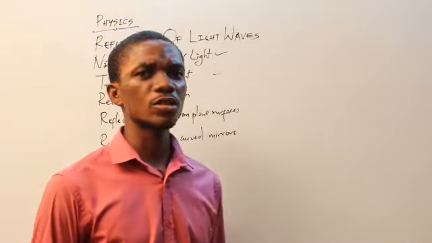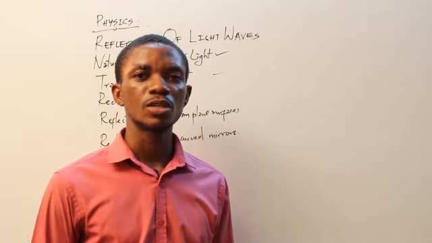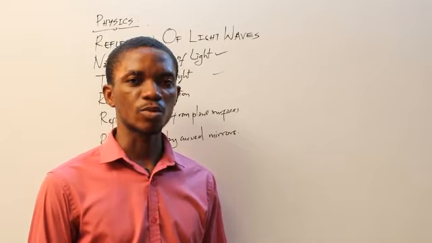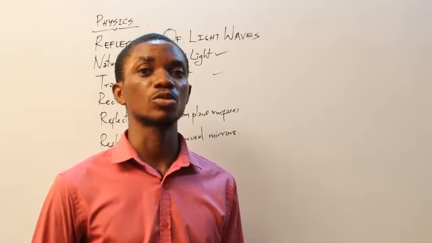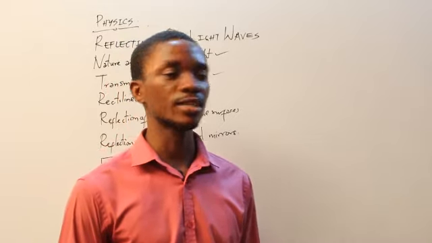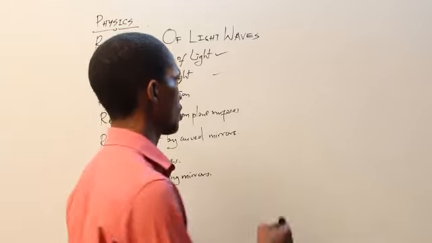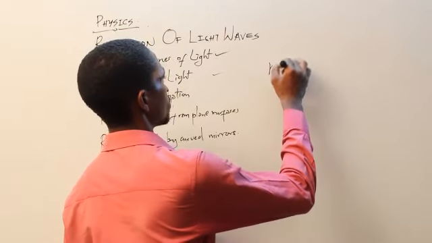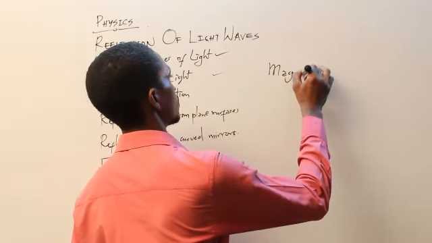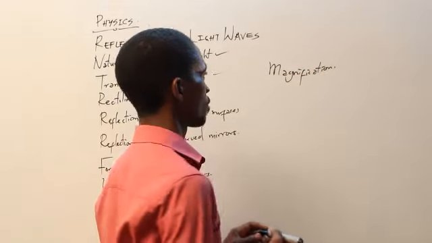Another thing, of course, that's one of the principles we were able to draw out from the understanding of rectilinear propagation of light is the magnification of objects or images. How does this work?